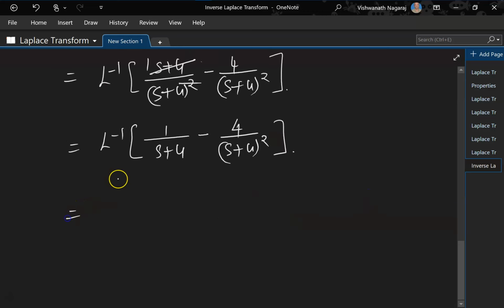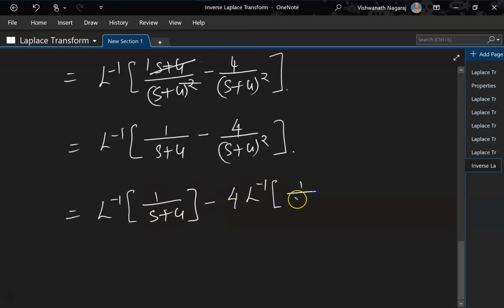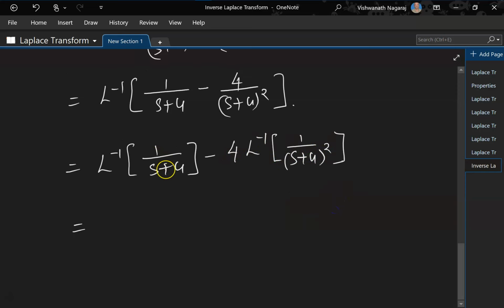Now this Laplace inverse can be split into two: the inverse Laplace of 1 by s plus 4 minus 4 times the inverse Laplace of 1 by s plus 4 square. Now 1 by s plus 4, you remember 1 by s plus k? The function whose Laplace transform this is is e to the power of minus 4t.